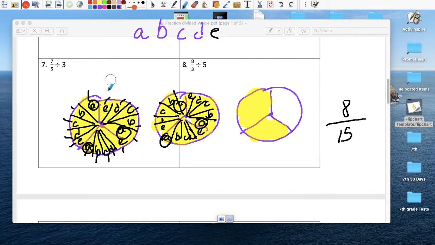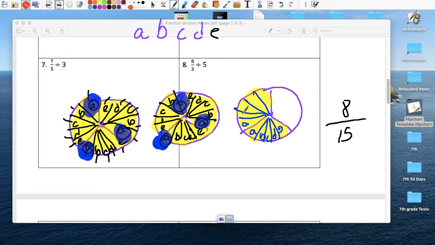Let me shade this. 1, 2, 3, 4, 5, 6 for A, and then he's going to get 2 more slices here. A, B, C, D, E, and A, B, C, D, E, and he's going to get 1 more over here, 1 more over here.